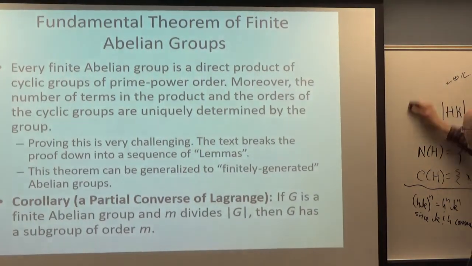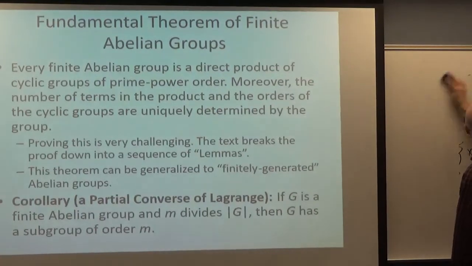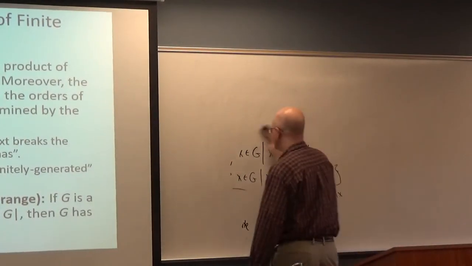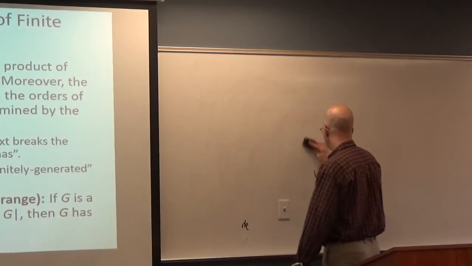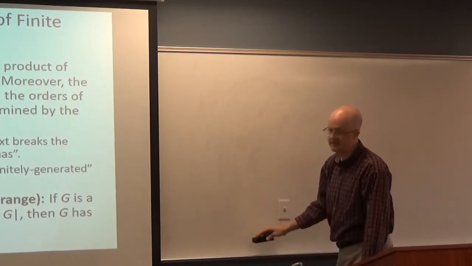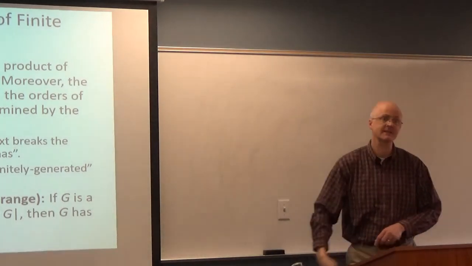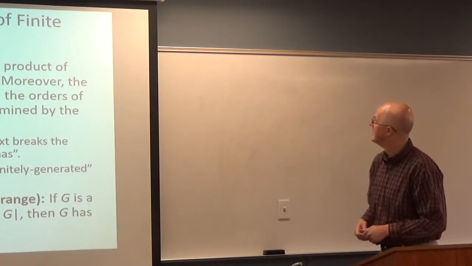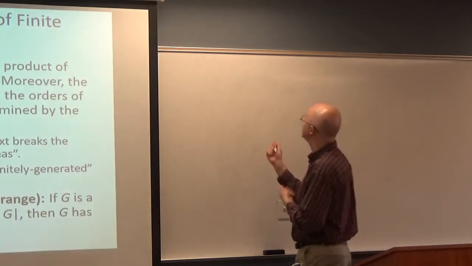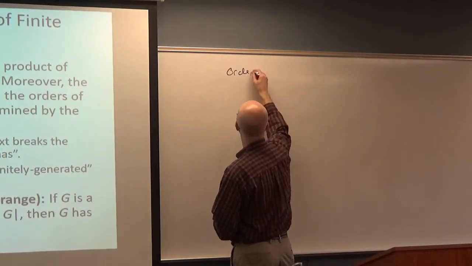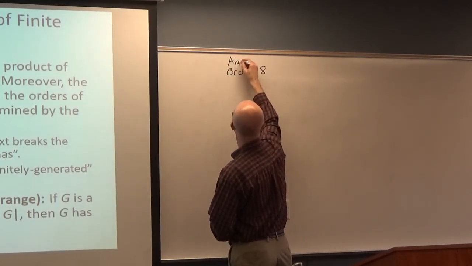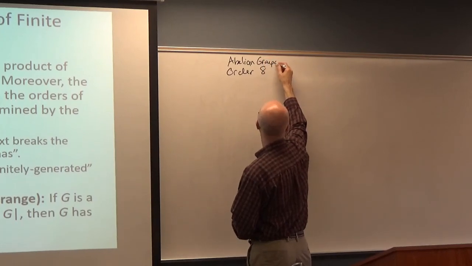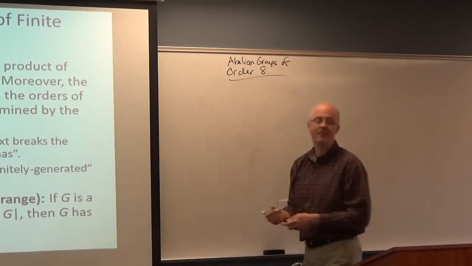What kind of problems do you have that are related to this? Well, essentially, most of the problems involve thinking about and maybe listing the possible isomorphism classes of abelian groups of various orders. Take, for example, order 8. What are the abelian groups of order 8?